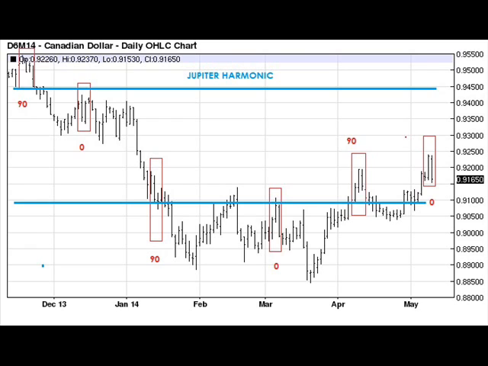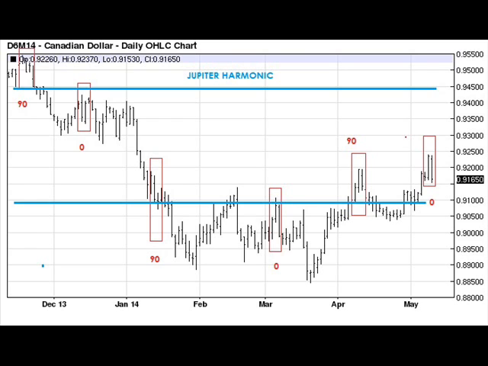As Venus passed through 0 degrees of declination, look what happened. Price action on the Canadian dollar got above the Jupiter harmonic line, and it was proceeding along very nicely, and in fact took out the high that it made in April. So that's all good.